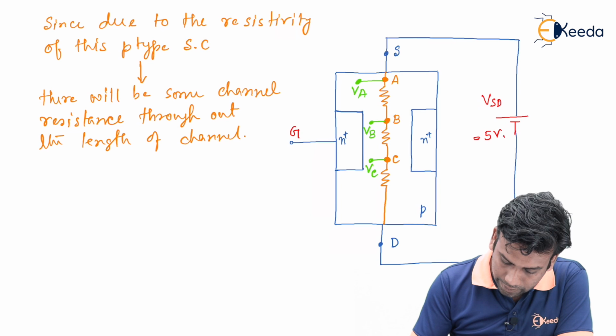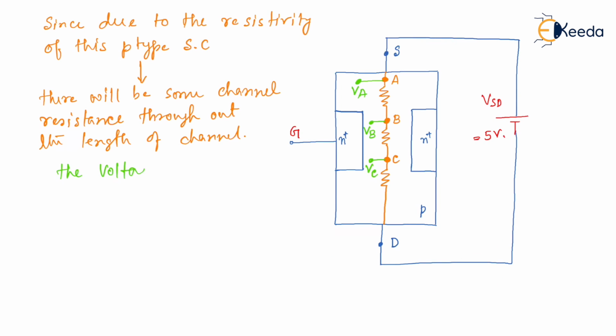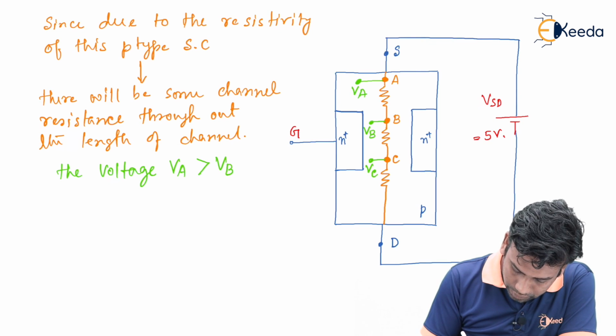Now we can say that VA will be greater than VB and VB will be greater than VC.